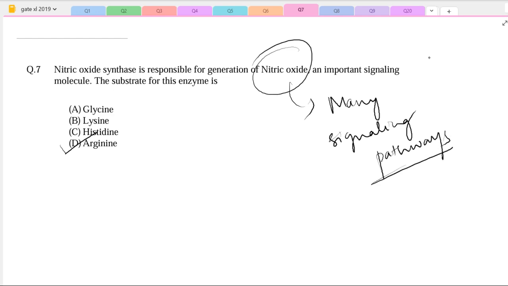Since synthase is an enzyme, it requires a substrate, so the substrate for this enzyme is arginine. Moving on to the next question.